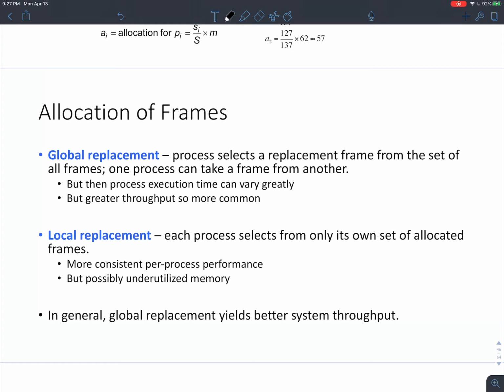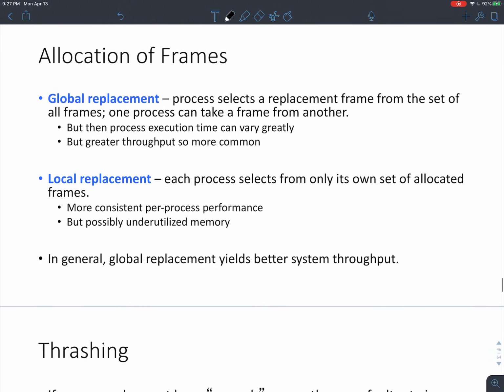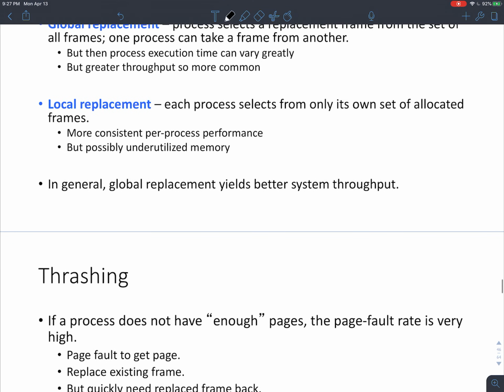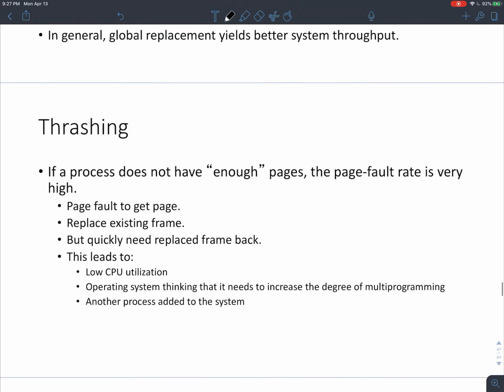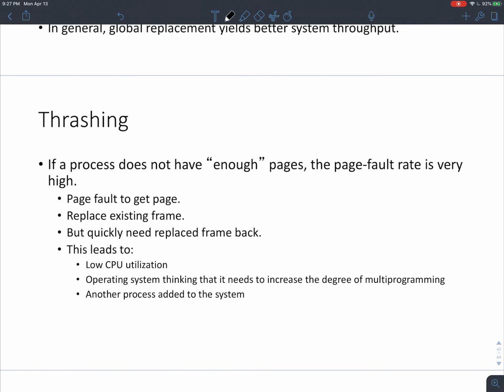And there is another frame replacement algorithm called local replacement, meaning that for any process, if there is a page fault and there is a need for page replacement, we only kick out the frame of that process. But in general, global replacement gives better performance.